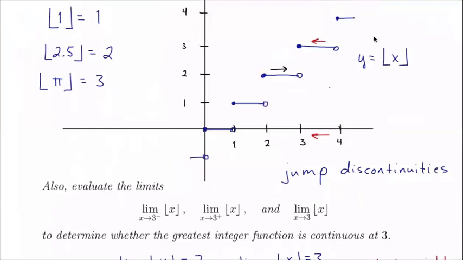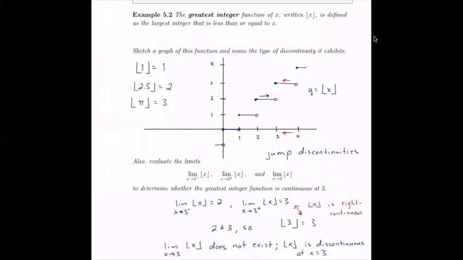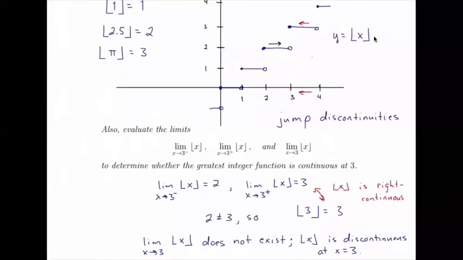So what they're going to ask us is to evaluate some limits of this greatest integer function. It looks like we're going to focus on the x value 3, but we could focus on any given integer that we like. So in our case, we want to determine whether or not this greatest integer function is continuous at 3.